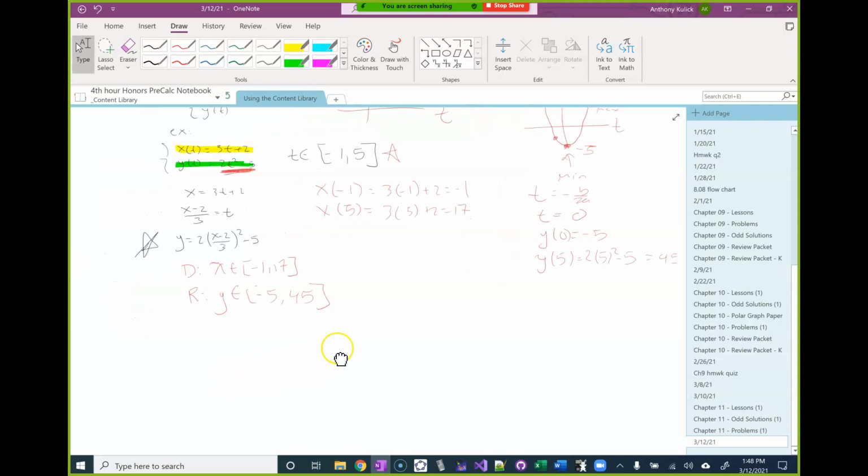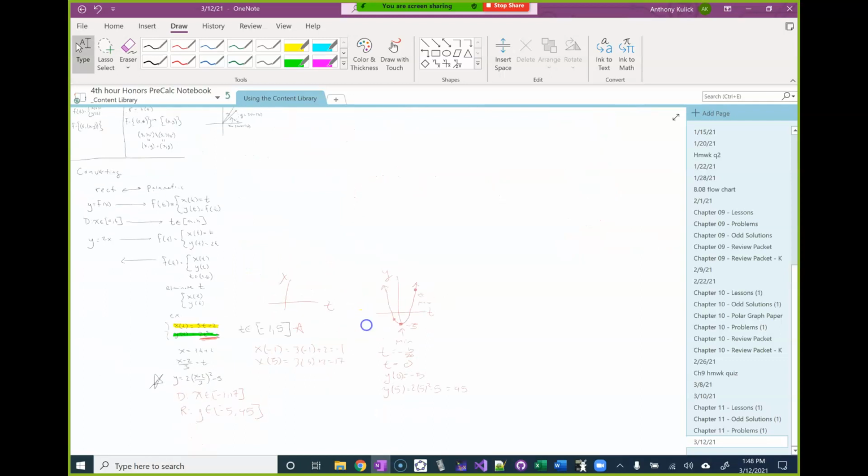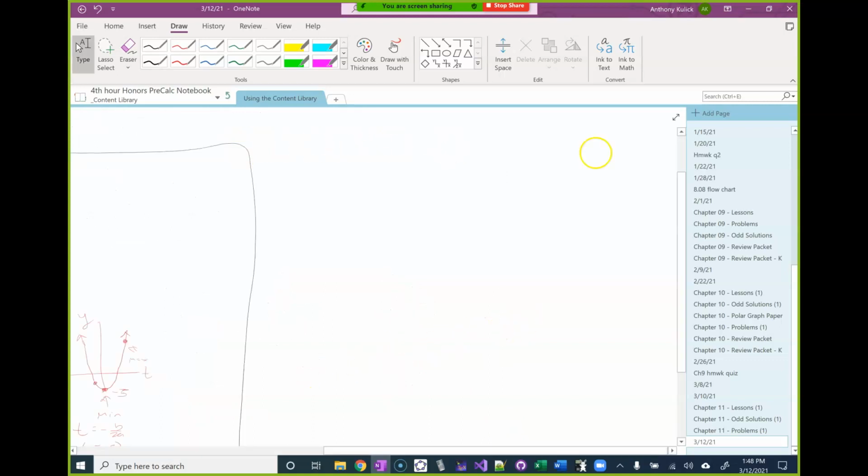So that's parametric stuff still. And then we did some converting between polar and rectangular also, right? I just want to double check exactly how we did it. Don't want to get anything confused.